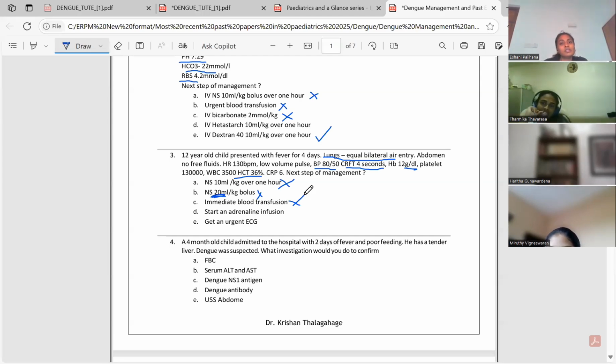That 1 minute is not going to kill the child. Right? Rather than panicking and jumping and giving a 20 ml per kg fluid bolus and making the patient go into pulmonary edema and hemorrhage, and that can cause death. Right? Once the fluid is in, we cannot take it out. You need to understand that when things are atypical, think one more time.